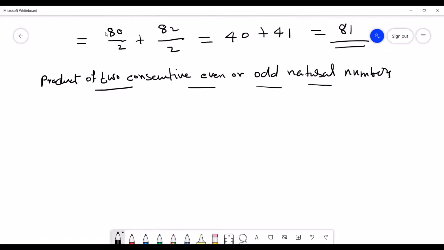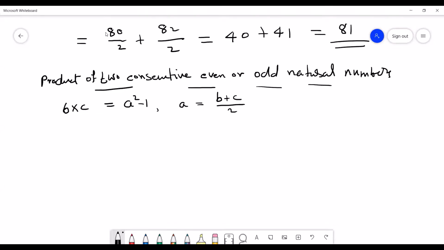If B and C are two numbers, then B into C is equal to A square minus 1, provided that A is (B plus C) divided by 2. Here A is equal to B plus C by 2.